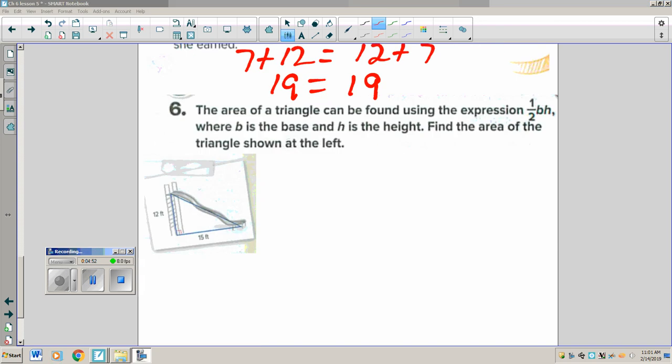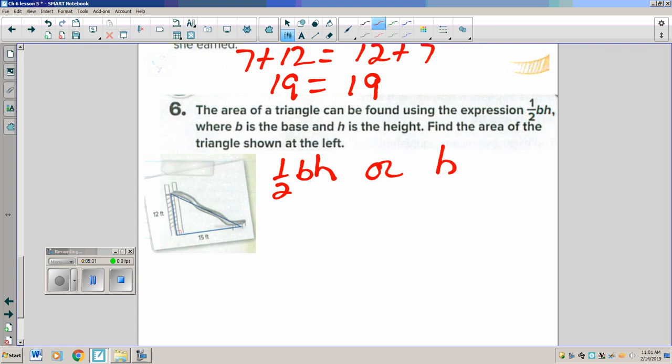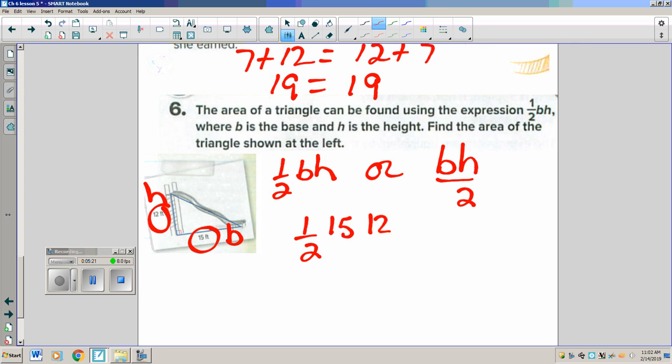And number 6, the area of a triangle can be found using the expression 1/2 BH. You will also see it written as BH divided by 2. It's the same thing. Where B is the base, H is the height. Find the area of the triangle shown at the left. That's your base. That's your height. 1/2 times 15 times 12.